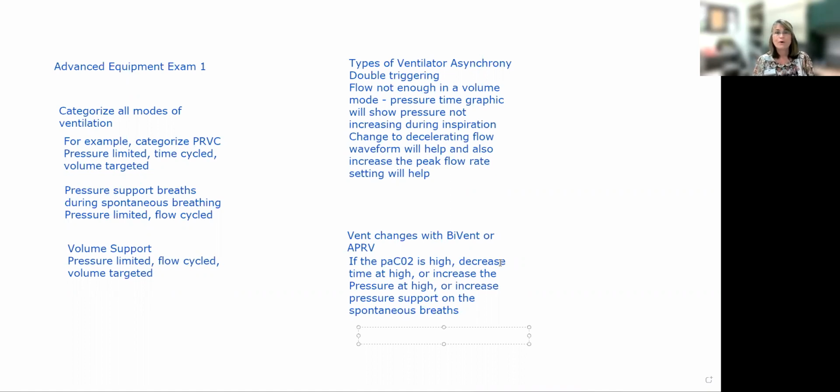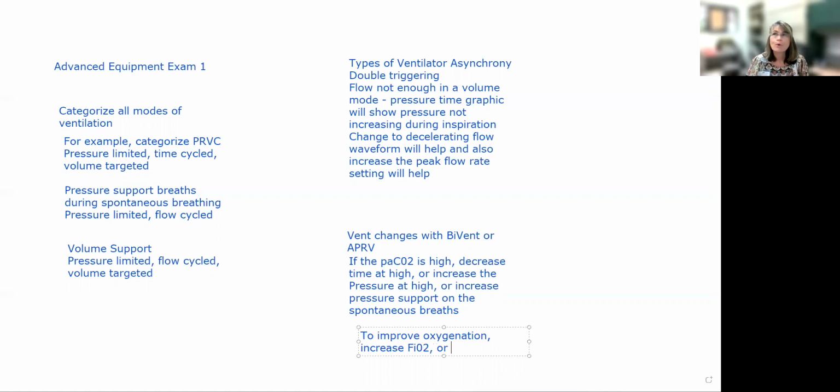All right, now what about for oxygenation? What if we get the blood gas and we're not oxygenating well? What would improve oxygenation? The obvious one would be increased FiO2, right? Or if you trap more air, that improves oxygenation.